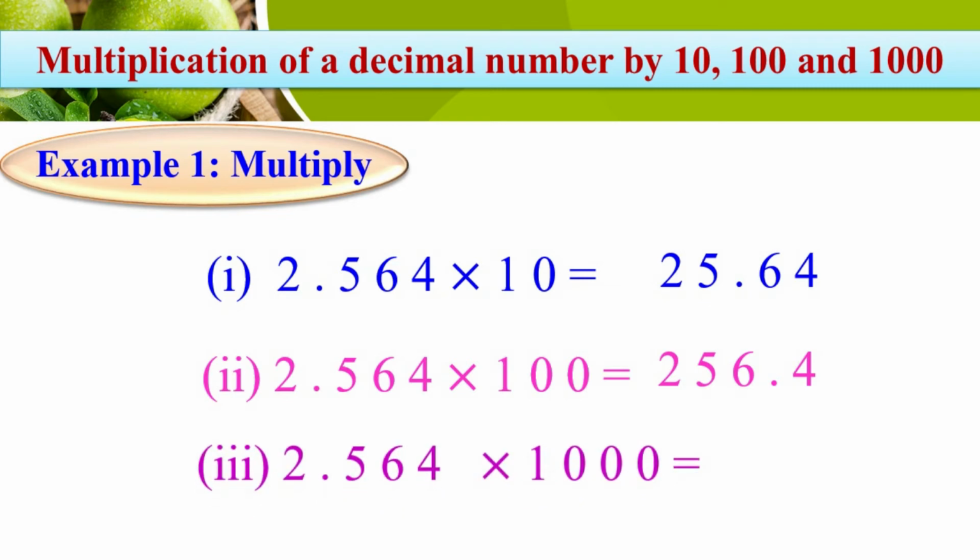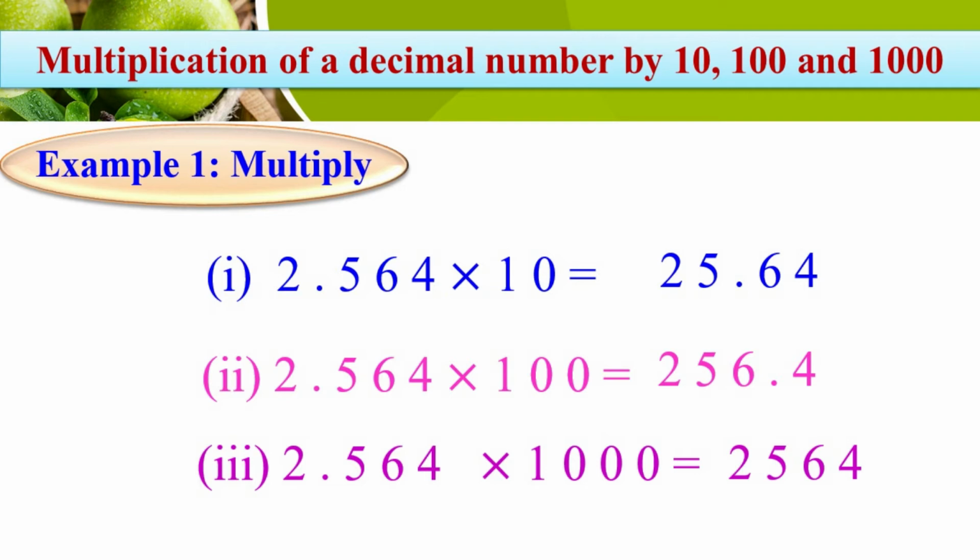Let's see the third problem. 2.564 multiplied by 1000. If it is multiplied by 1000, that is 3 zeros, the decimal point moves 3 places to the right. Therefore, 2564.